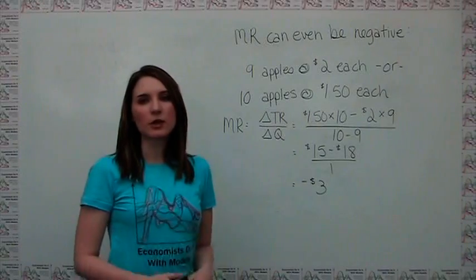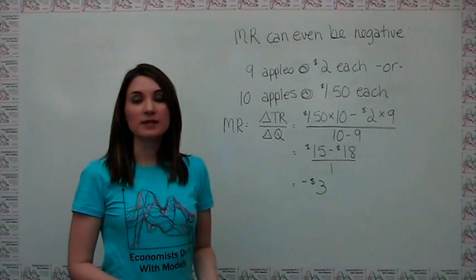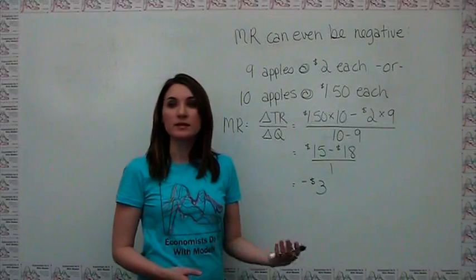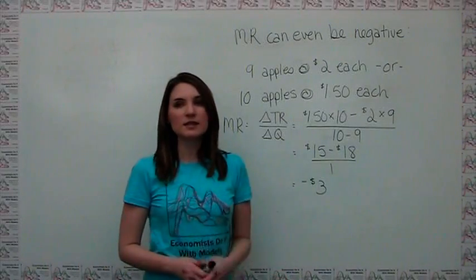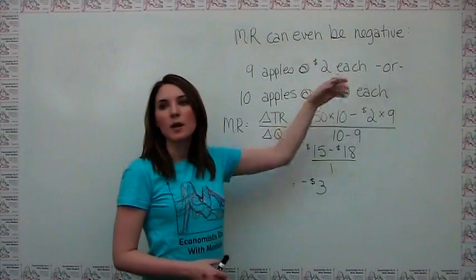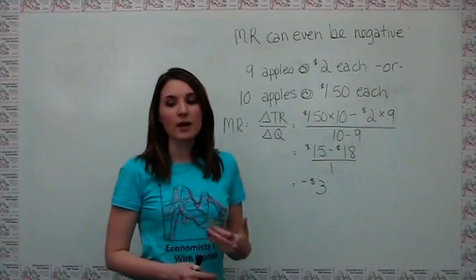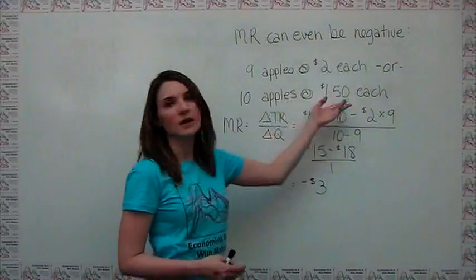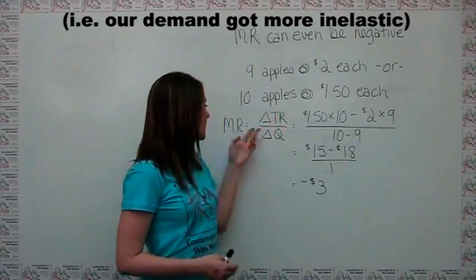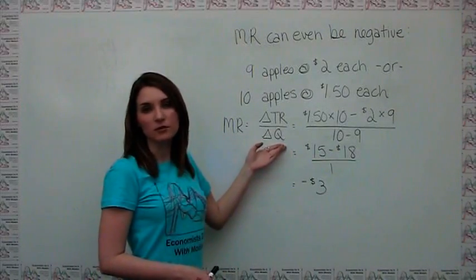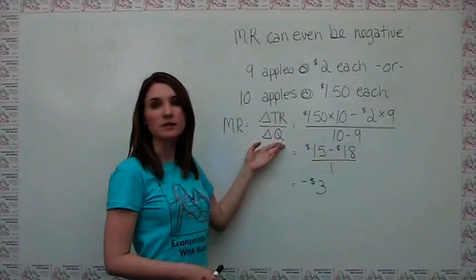In addition to marginal revenue generally being less than the price of an item, marginal revenue can even be negative. To see this, let's again start with our 9 apples at $2 each. But this time, let's say that we have to lower our price to $1.50 in order to sell a 10th apple. In this case, my marginal revenue, again, is just the change in total revenue divided by the change in quantity.